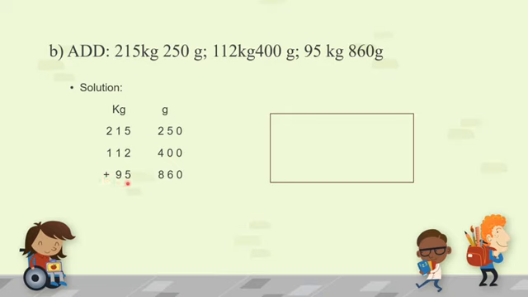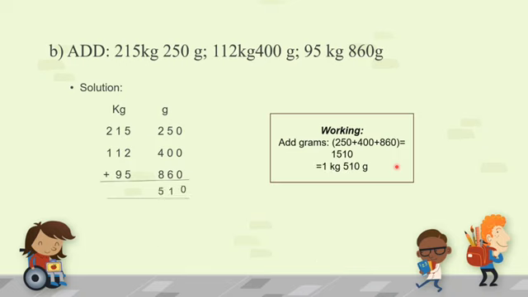and this place will remain vacant because it is not a 3-digit number, it is a 2-digit number. Then we will take this to the working column and we will add all the grams first. On addition, what do we find? We find 0, 11 and here we get 8, 4, 12, 13, 14 plus 1, 15.